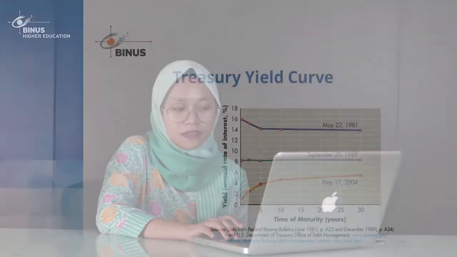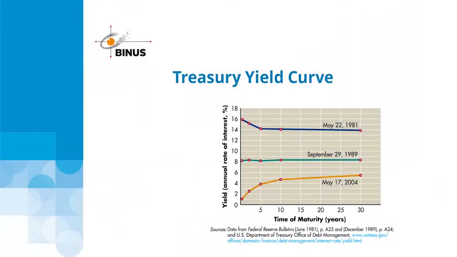So here, with the treasury yield curve, we can understand the yield curve better. We can see here three lines: 22nd May 1981 is downward sloping, the blue line, and down here there is 17 May 2014, which is the upward sloping, and in the middle we have September 29, 1989, which is the flat yield curve.